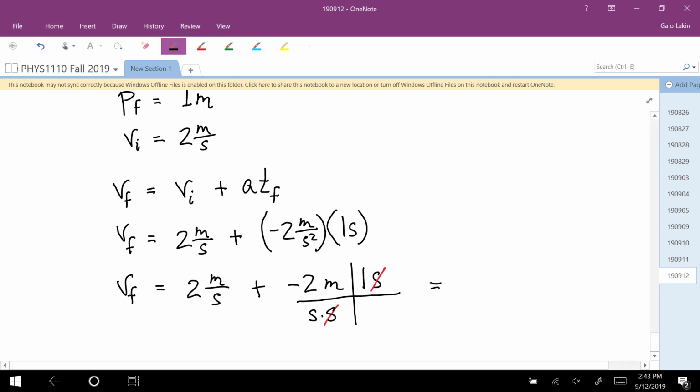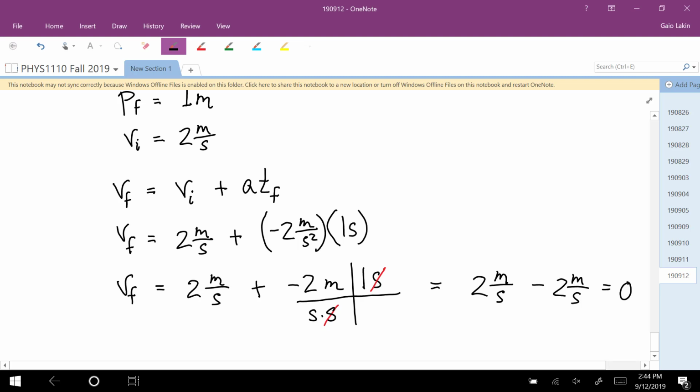And so V final is 2 meters per second minus 2 meters per second. So 0. And so that point B is exactly where the ball comes to rest before it starts rolling back down the hill the way it came. Any questions about that?